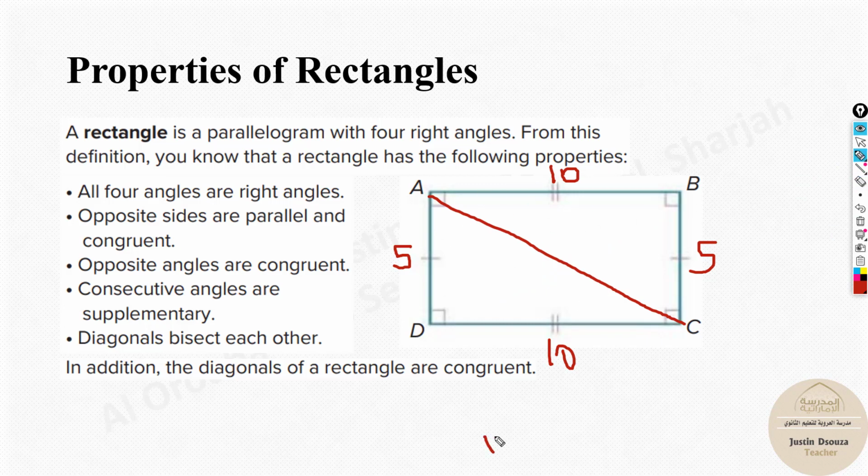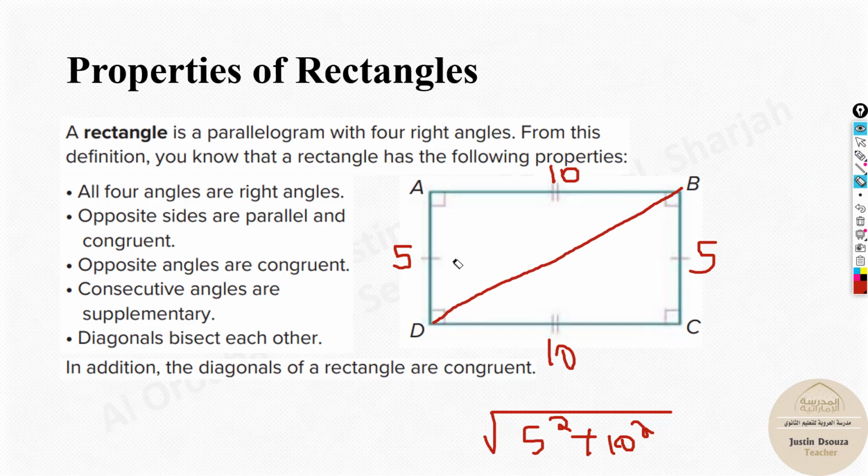You can use the Pythagorean theorem: the square root of the sum of the other two squares. That's 5 squared plus 10 squared, right? Now, let's find the diagonal B and D. You can use any. It would be again the square root of 5 squared plus 10 squared. So isn't it the same?